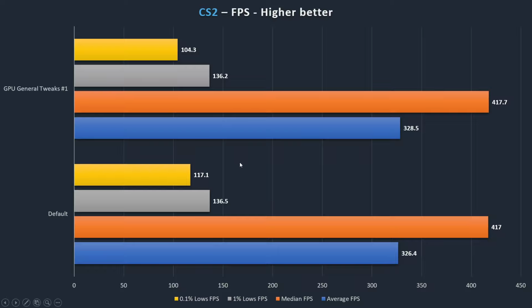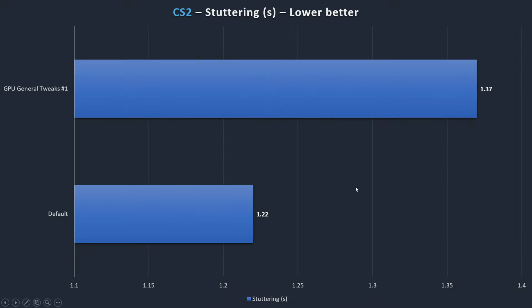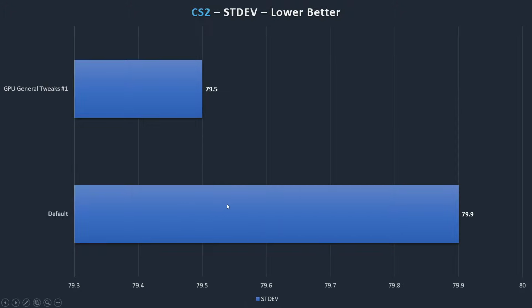I don't know. If it was a really big problem, I believe we would have had the same issue on the other metrics, not only on a specific metric. Maybe not, I don't know. The stuttering part is better by default. The standard deviation is actually the same. We can say that we have some improvement.